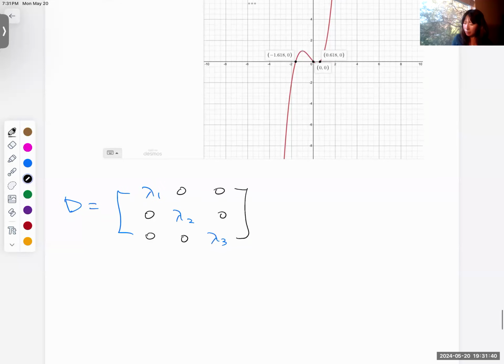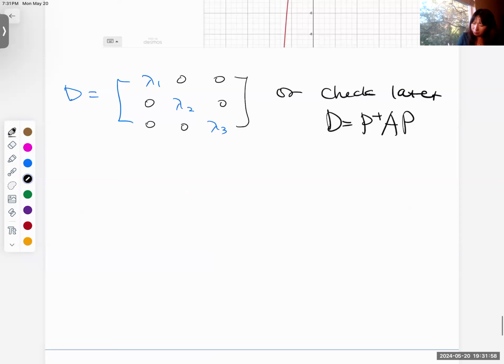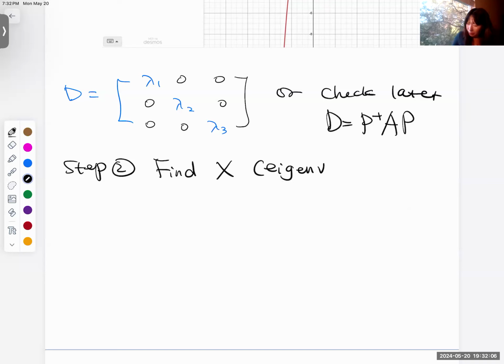Or we can check later with D equal to the inverse of P times A times the matrix P, all right? Okay, step 2. Find the eigenvectors.